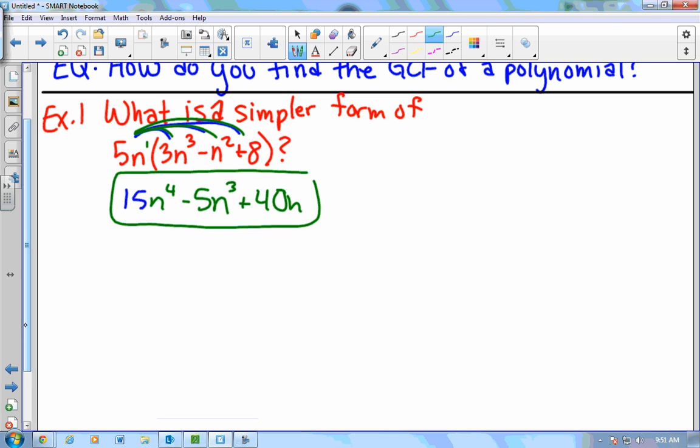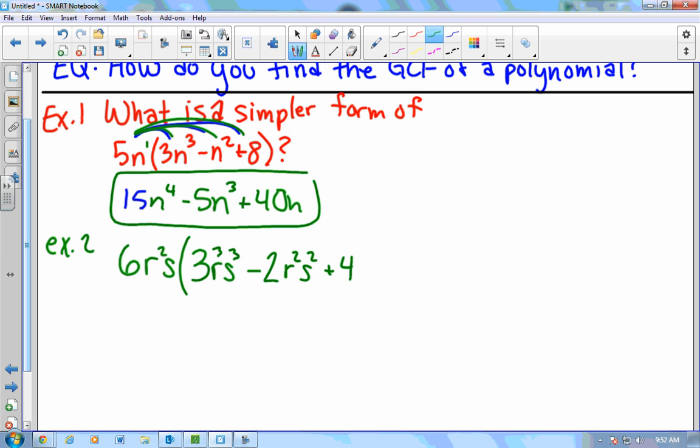So, I'll give you another one to try really quick. Example 2, same directions. What's a simpler form of... oh, I'm going to challenge you guys. This is an S, not a 5. Okay. Two variables, but the same process. You can do it. Okay, work it out.